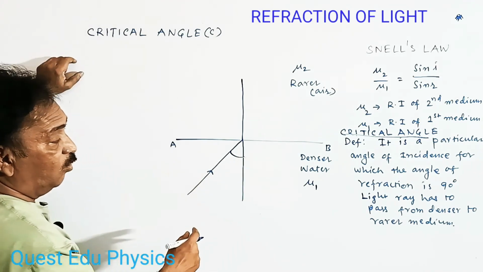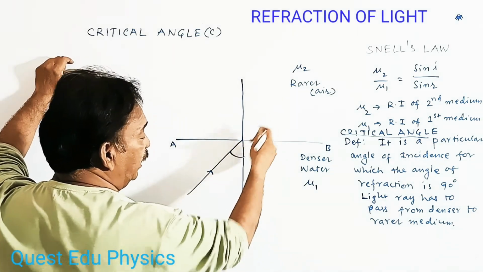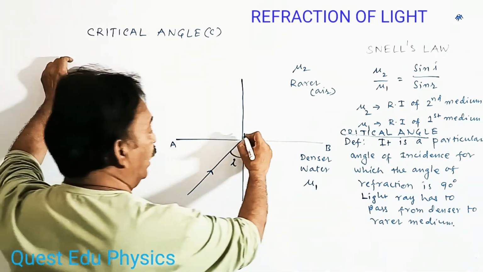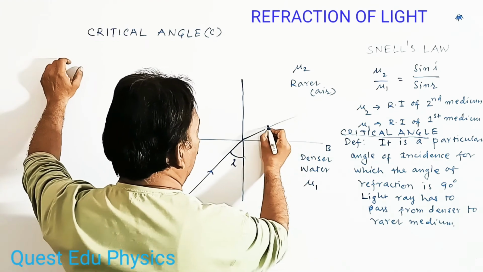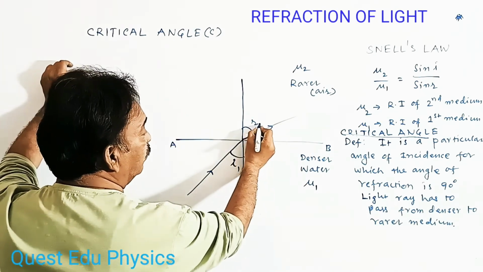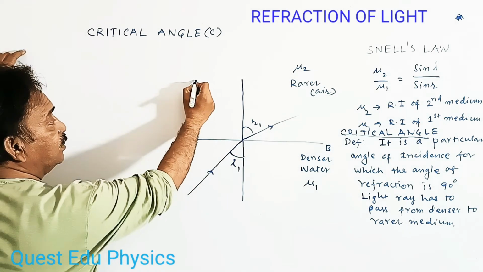Then for that angle, what happens? It enters into the second medium. Say it is the angle of incidence I1, and it gets refracted with the angle of refraction R1. Okay, it's the first case, students.